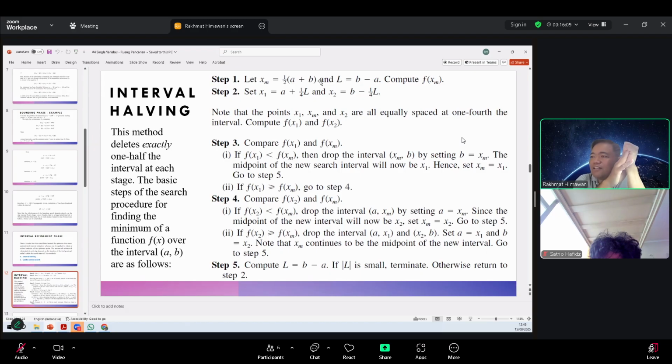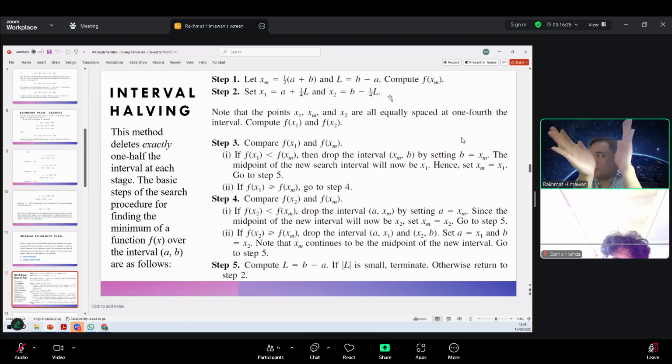On the whiteboard I can show you the picture, but here it doesn't exactly show. After you have A and B cut in half, you want to find the half of those halves, cut it and find x1 and x2.